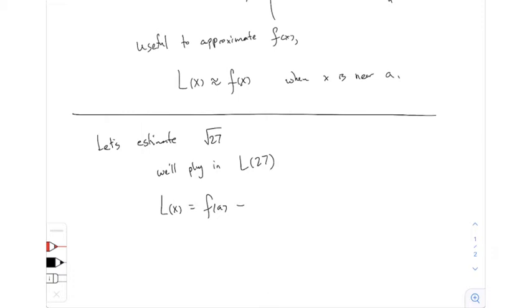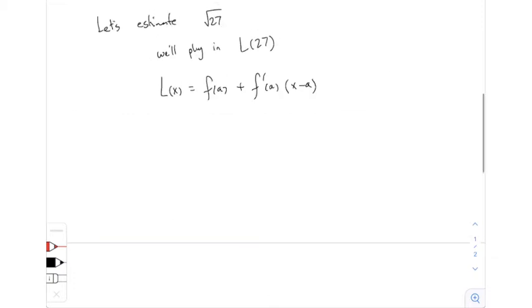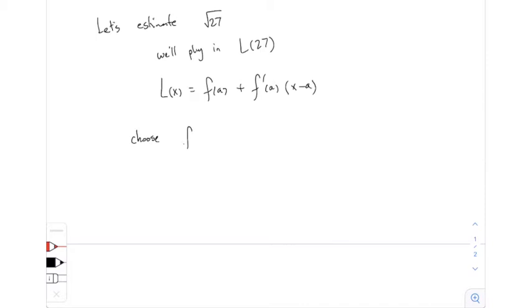At the very end, we're going to get the answer by plugging in x equals 27 here. But we'll have to figure out what all the other stuff there is before we get to that. So we need to choose what we use for the function and also what we use for the specific point a.